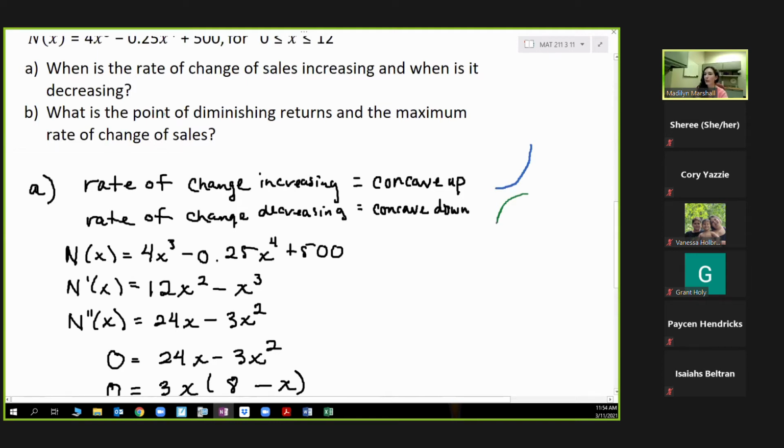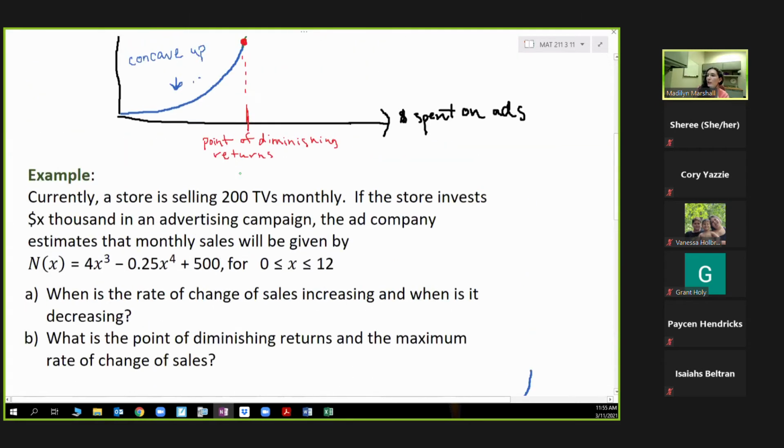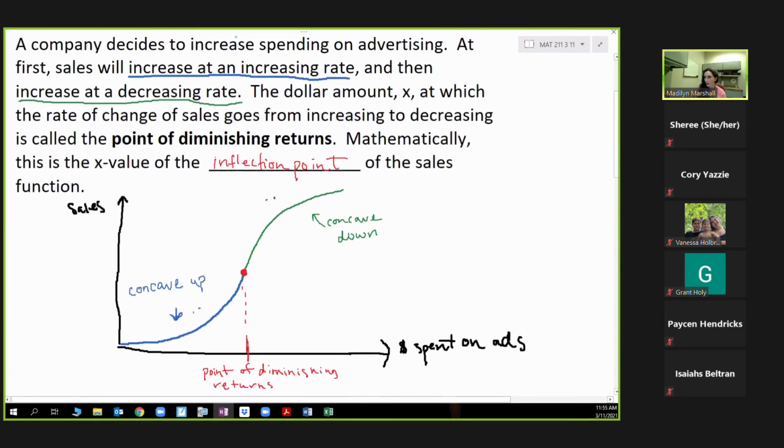What is the point of diminishing returns and the maximum rate of change of sales? Let's focus on the point of diminishing returns for a moment. I'm just going to scroll up to the definition to remind us. The dollar amount at which, and this is a little fuzzy, I'm going to talk about that in a second, the rate of change of sales goes from increasing to decreasing is the point of diminishing returns.